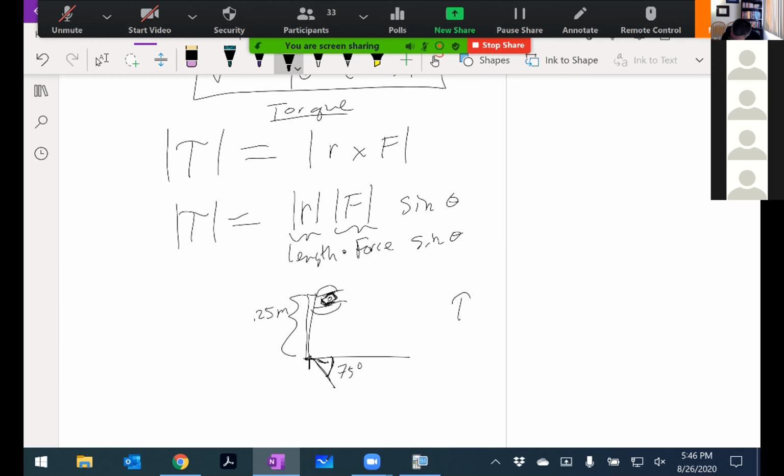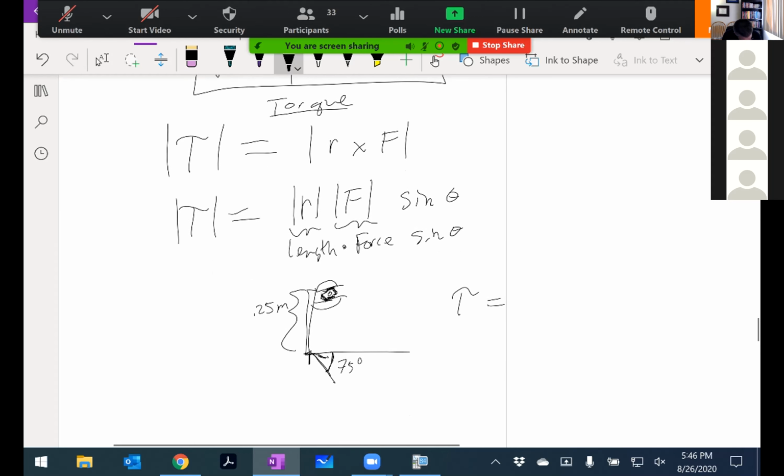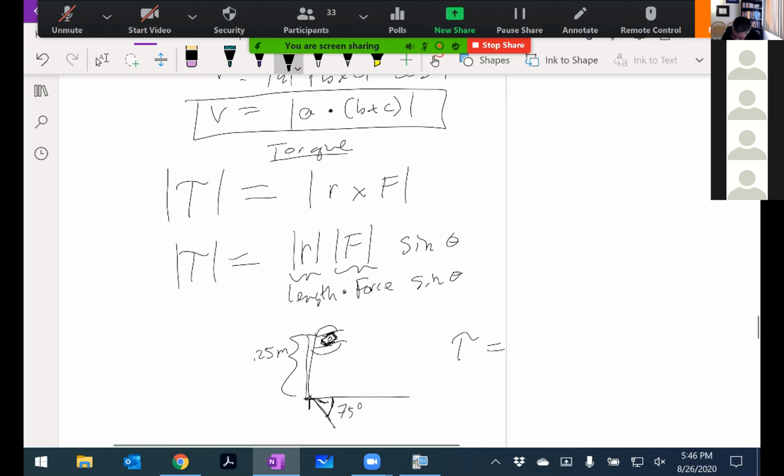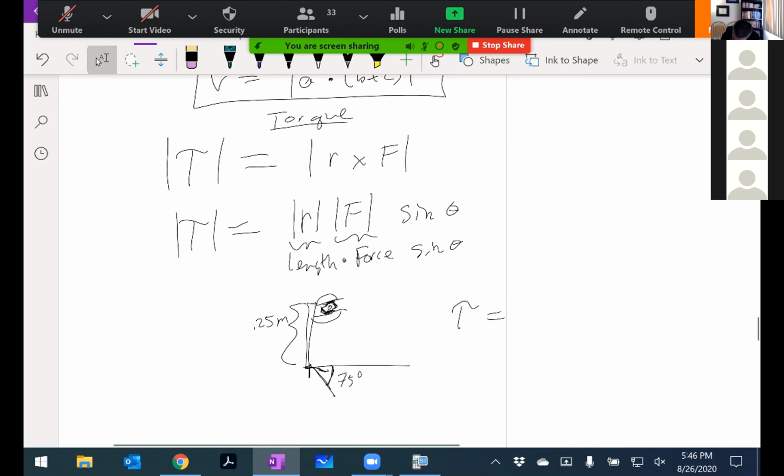Well, the torque is going to be, what did I say? How many newtons of force? 40 newtons. Let's do 40 newtons. The magnitude of the length is 0.25, the rotational radius. That's why we call it R, because it's radius.